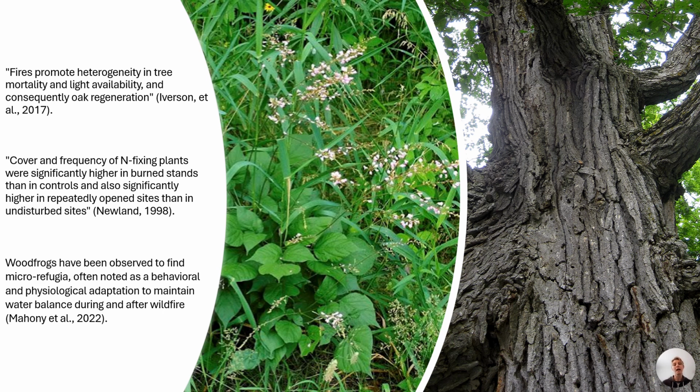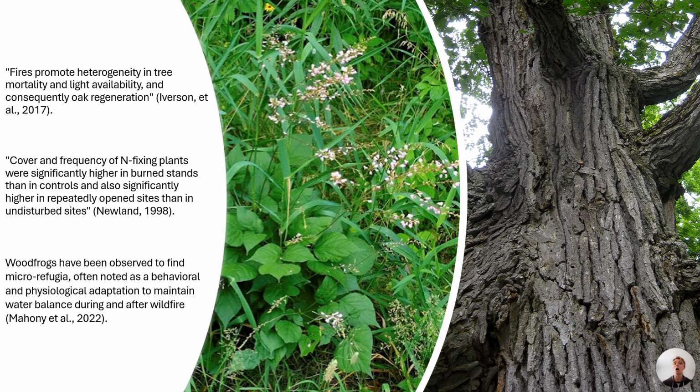There's little direct evidence to confirm how animal species respond to fire within southern dry mesic oak forests, yet animals like flying squirrel and woodpeckers construct or occupy nest cavities within tree trunks and can find suitable shelter from fires.